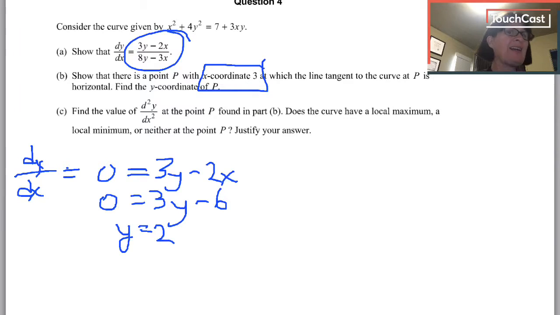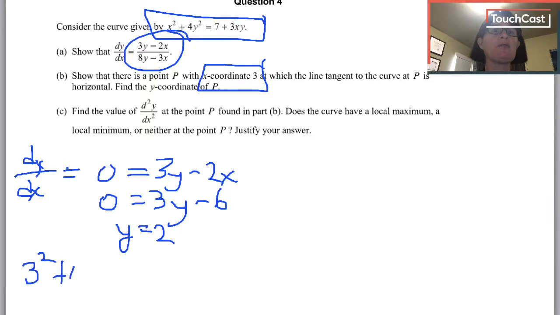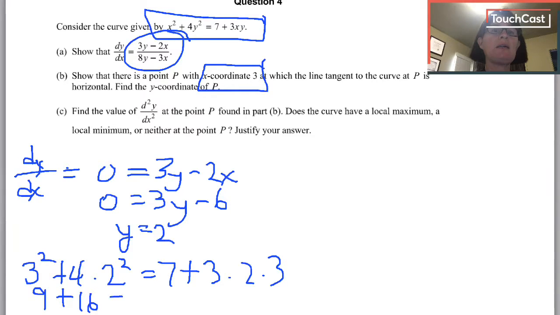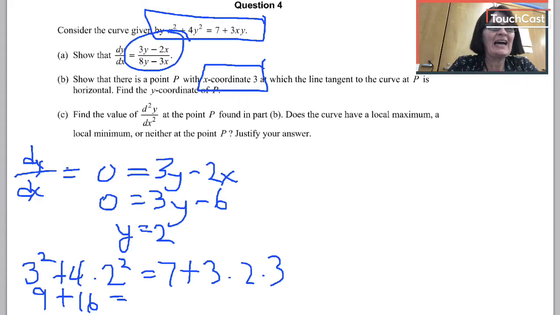I'm going to confirm that 3 comma 2 is on the original curve by checking in my original curve. So I'm going to say 3 squared plus 4 times 2 squared has to equal 7 plus 3 times 2 times 3. So 9 plus 16 has to equal... So this is me checking that the ordered pair 3 comma 2 is in fact an ordered pair on this function.